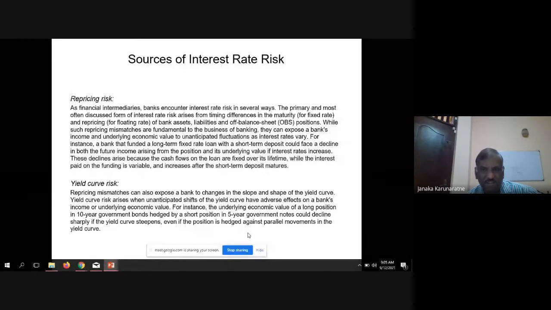Banks are happy, but when the opposite happens, banks will not be happy. Can someone answer? I think we have quite a large number of participants who have at least around 10 years of experience. So what is the reason?